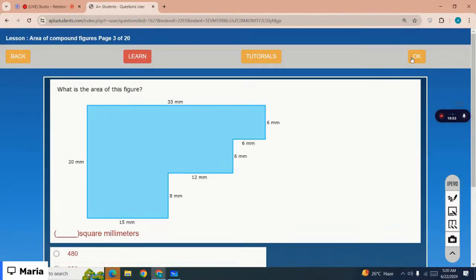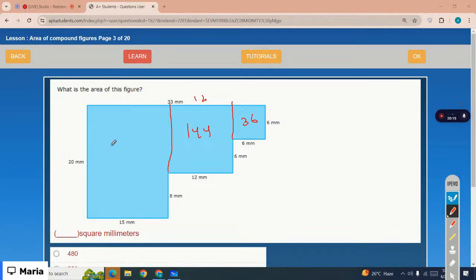What is the area of the figure? So 6 times 6 is 36, right? 12 times 12 is 144.